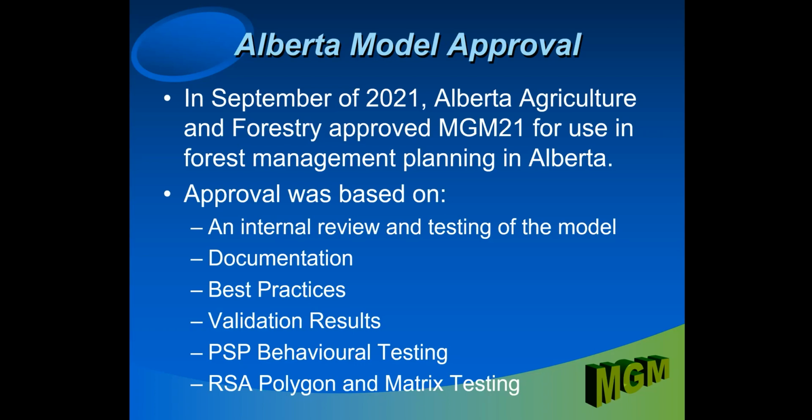They reviewed the best practices document. They asked us to prepare validation reports, and they reviewed the results there. They looked at behavioral results, whether from PSPs or from treeless generated data that would reflect the RSA, for example, types of stands.